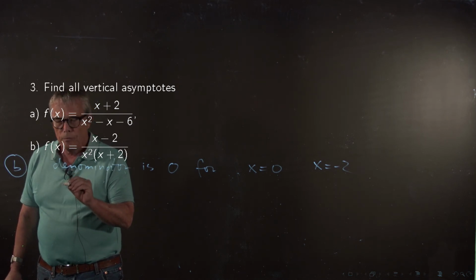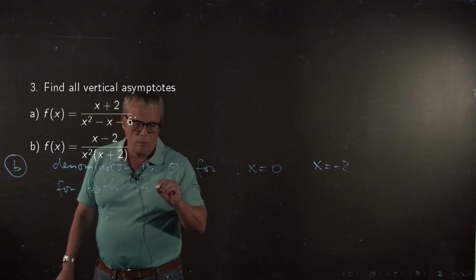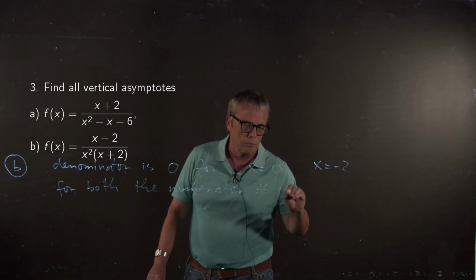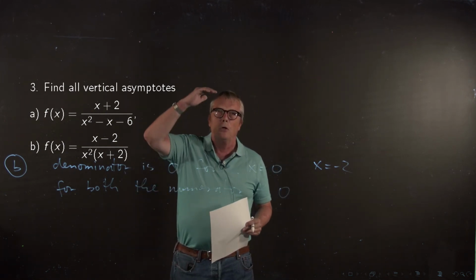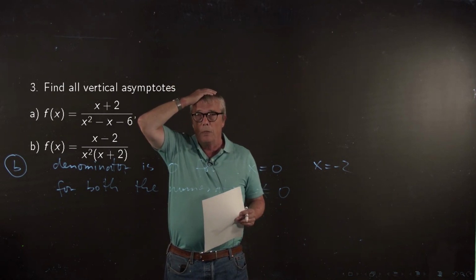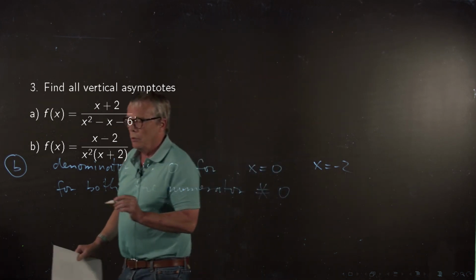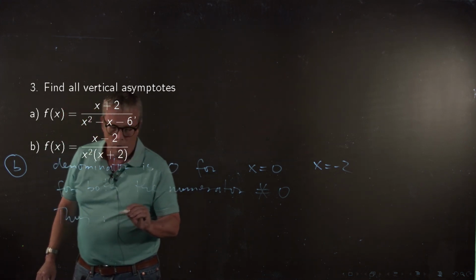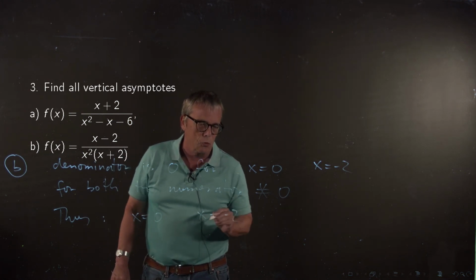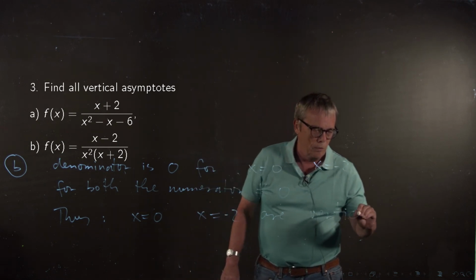For both, the numerator is not equal to 0. So in this case, we have in the numerator a function not approaching 0, and in the denominator, a function approaching 0. So x equals 0 as well as x equals minus 2 are vertical asymptotes.